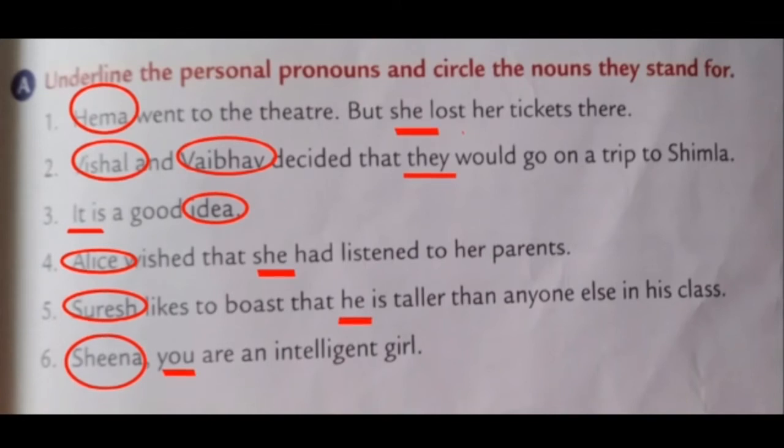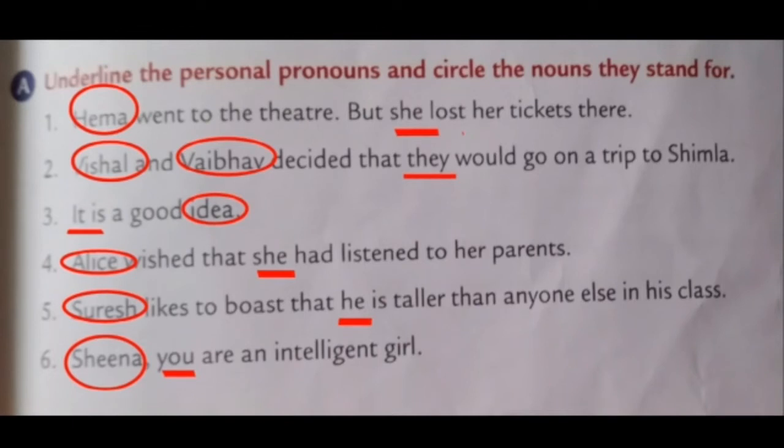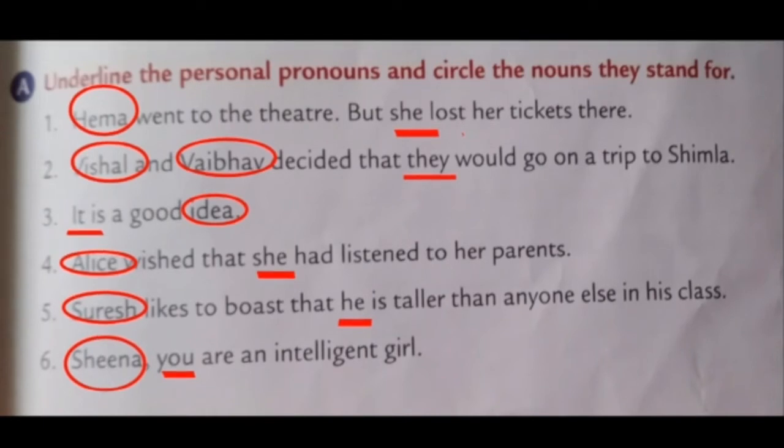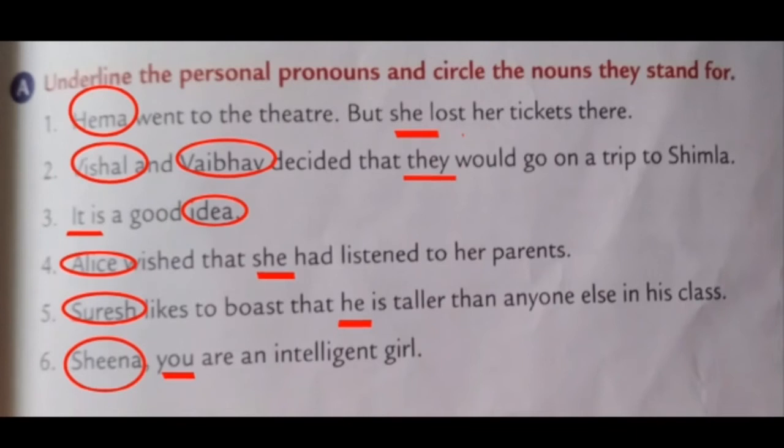Let's see the first one. Hema went to the theatre but she lost her tickets there. Here, the personal pronoun is she. Then, the noun that stands for she is Hema.